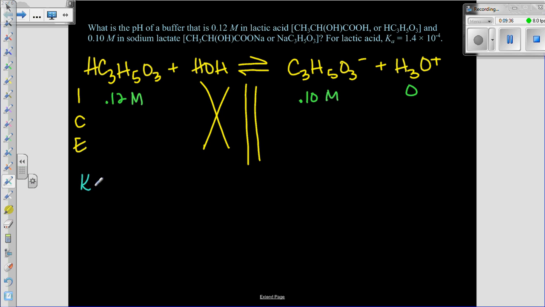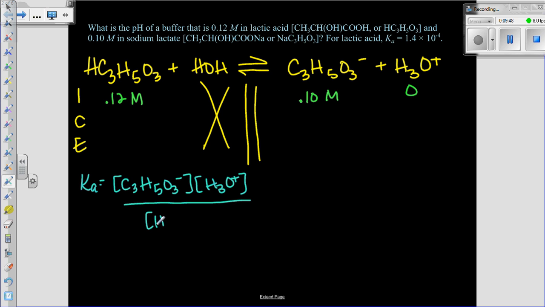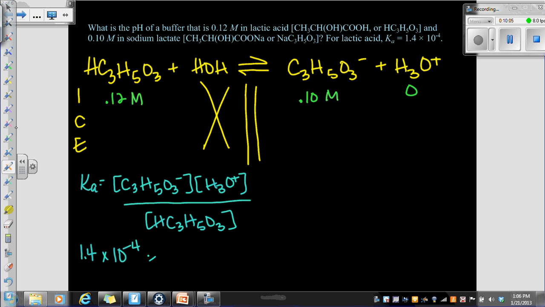Okay, if I write the equilibrium expression, I will have the lactate ion concentration times hydronium ion concentration divided by the concentration of lactic acid. Because I actually have a Ka, 1.4 times 10 to the negative fourth, I can go ahead and use x up here in our ICE chart.